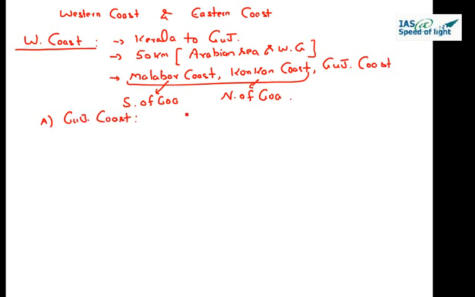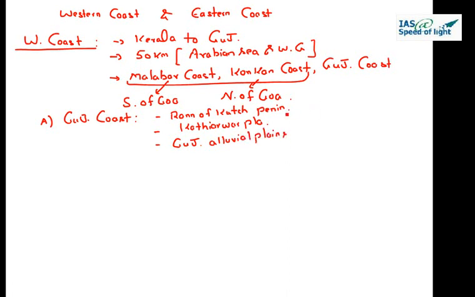It is made up of three parts. First is the Run of Kutch Peninsula, the second is the Kathiawar Plateau, and then we have the Gujarat alluvial plains.